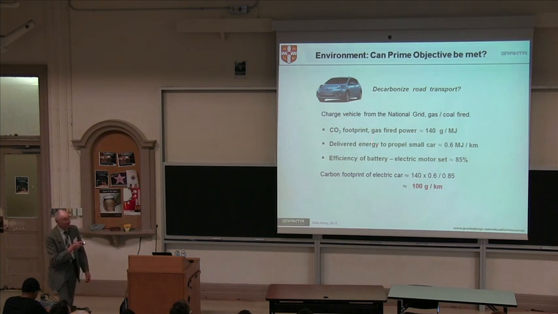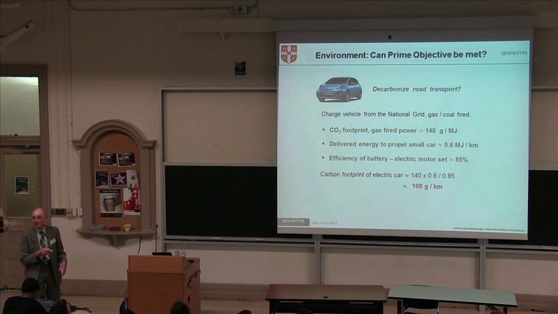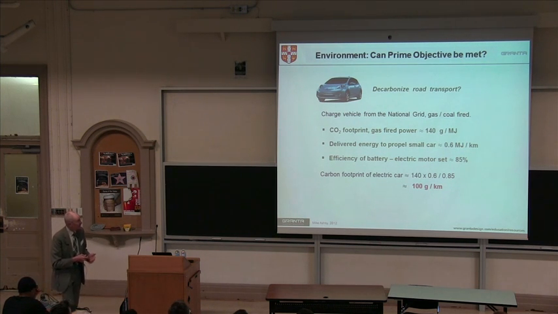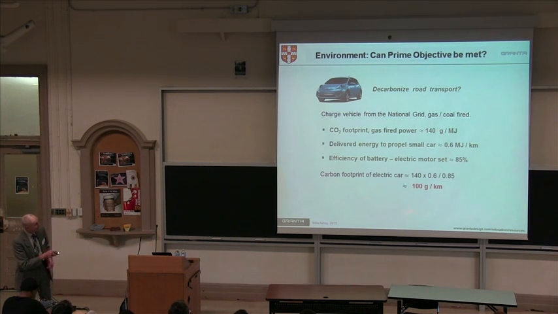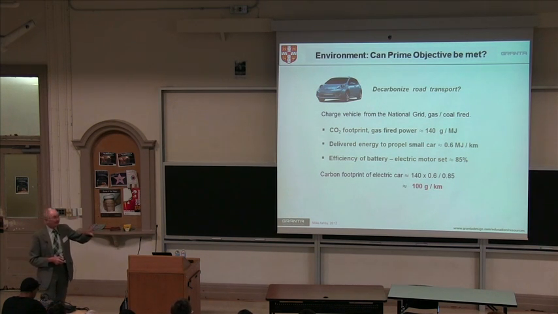Of course, if it were a nuclear-powered power station, as in France, or a hydroelectric-powered power station, as in Norway, this picture would change completely, and this number would become very attractive because you're drawing the power from a low carbon source. But in Britain, that's the current value of our power, and that is the consequence. There's no magic in that. That's an unavoidable conclusion. That's how it works out.